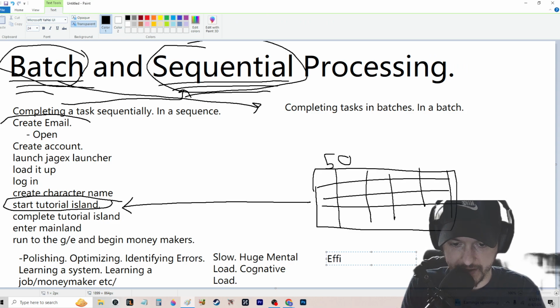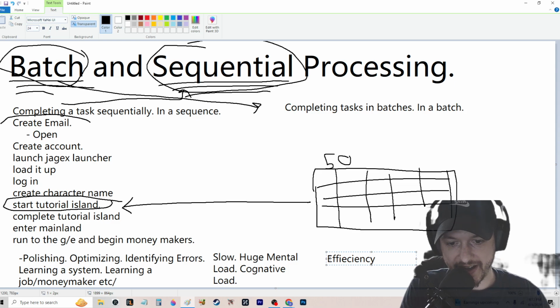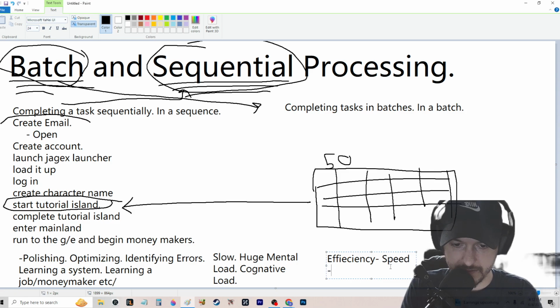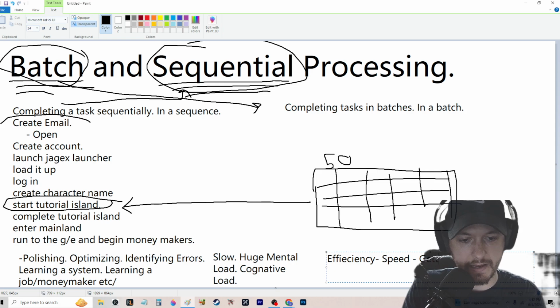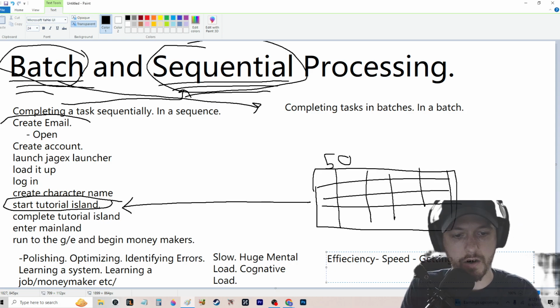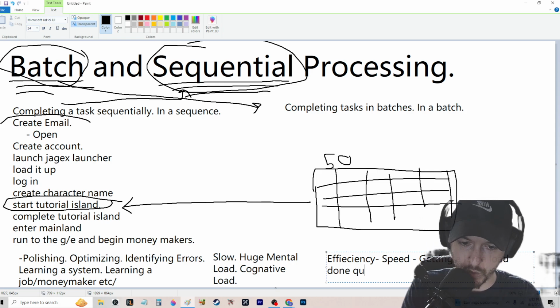Efficiency. Speed. Getting a large load done quickly, or more quickly.